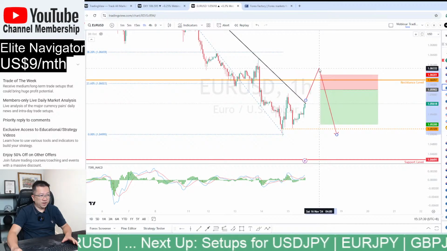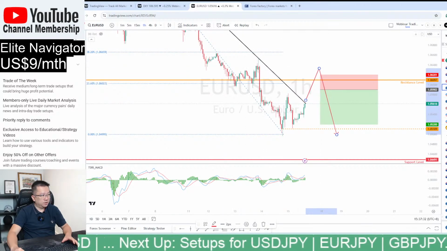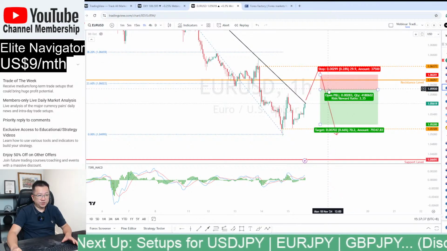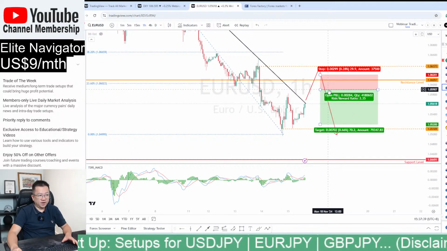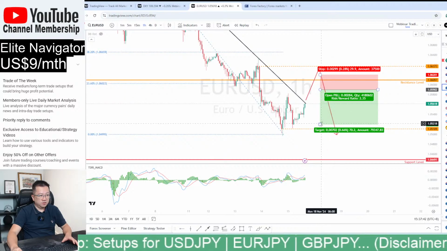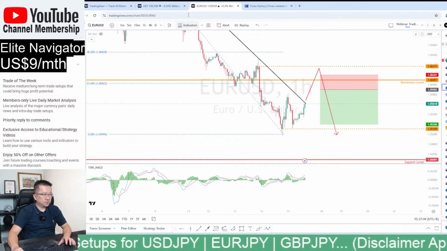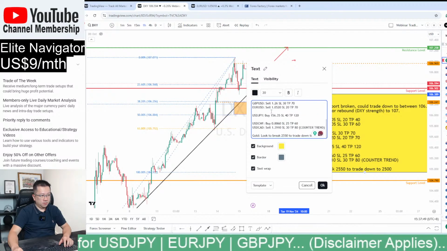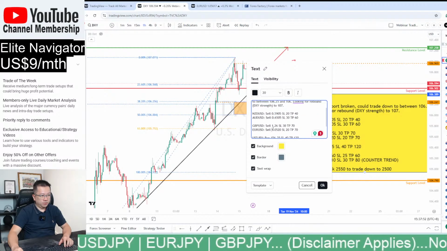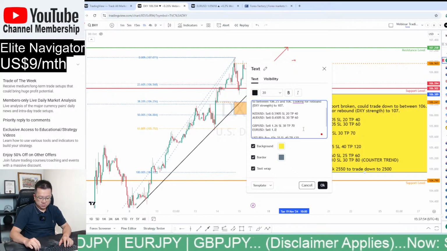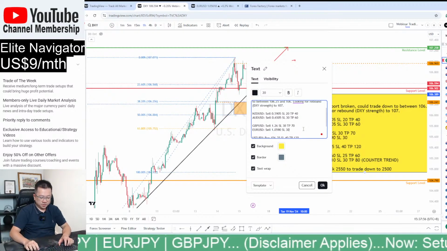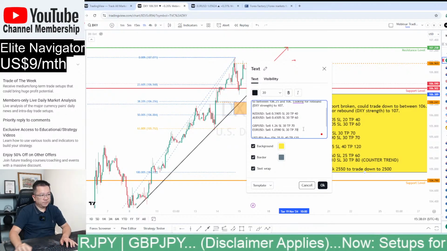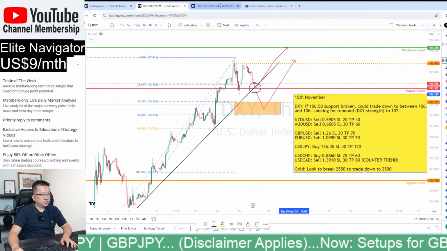It could get up to that point there. But I'm looking for rejection. 1.0590, stop loss 30, take profit 70 to the downside.